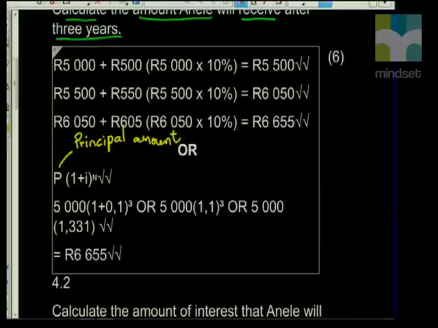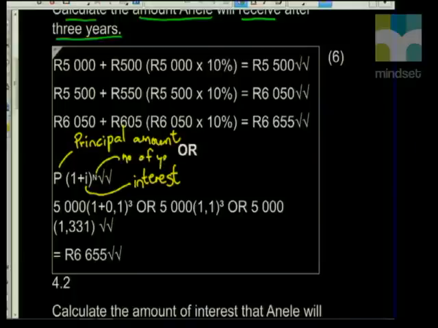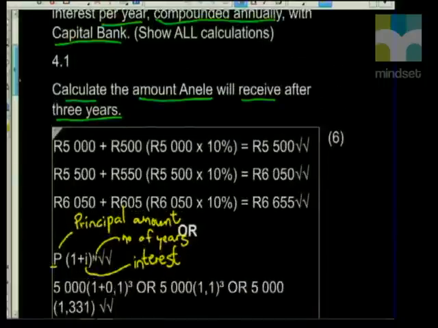Then you get to I, and I is the interest. And N would be the number of years. If you want to do this calculation, you should know what all these things stand for and be able to identify them. So let's go back to the statement.